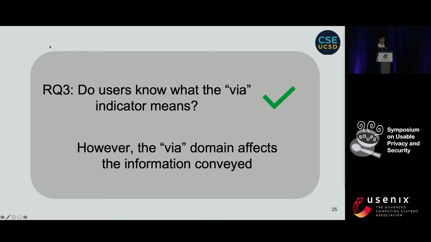So our conclusion here is that yes, users do understand the meaning that VIA conveys, which is that there's a third party involved in sending this email. However, we do want to note that the VIA domain also affects the information conveyed.